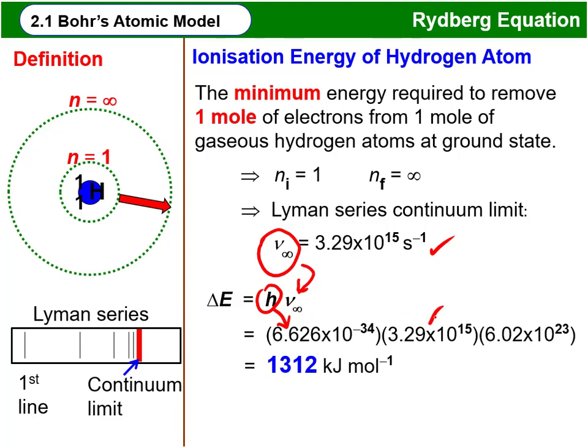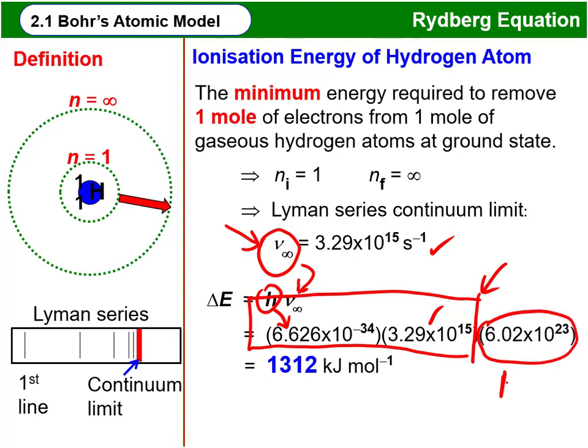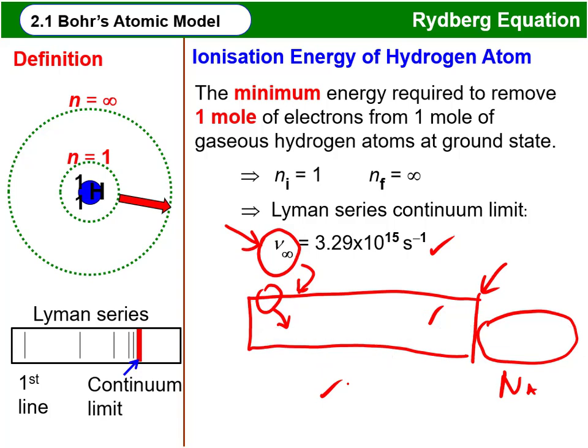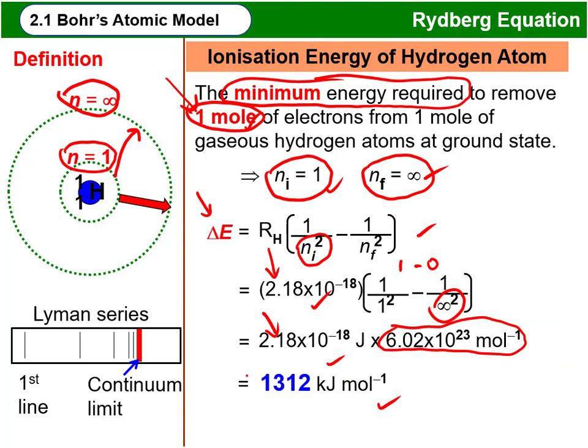This is the frequency given. Right, okay. So this is how to find the delta E. If you are given the frequency at infinity, then you have to times with the Avogadro constant. Then you will have the same answer as the previous slide just now, which is 1312 kilojoule per mole.